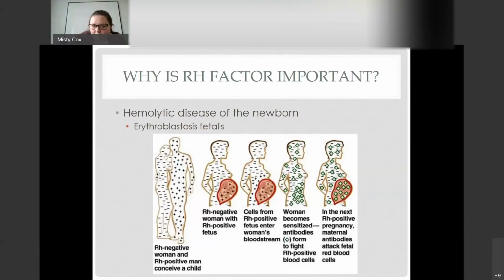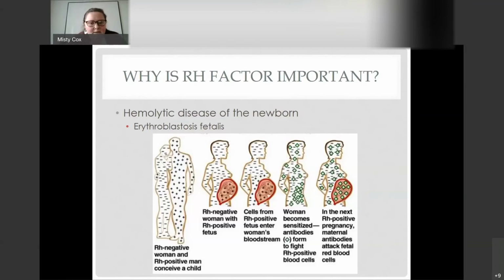So these green diamonds in this picture form, because just like if you get the flu or a cold, your body arms itself so that the next time you encounter that flu or that cold, you don't get as sick. You're going to make antibodies to make sure that you can fight off that infection if you ever get it again. But instead, that process happens when this woman is pregnant, because that baby's blood is not compatible with hers.